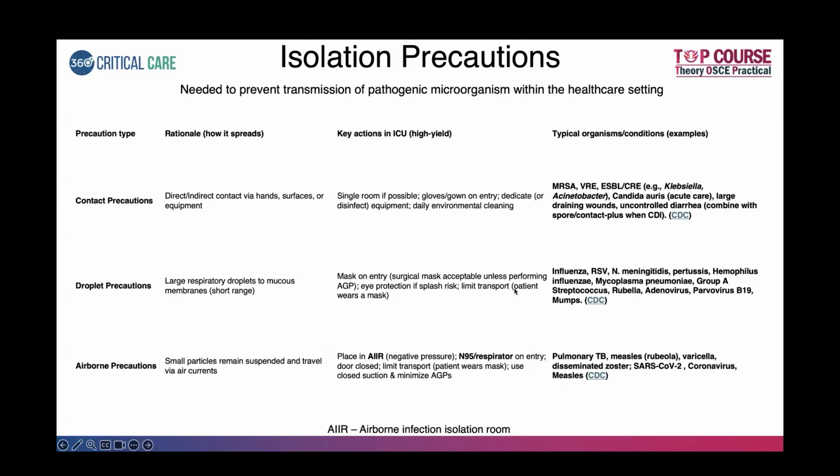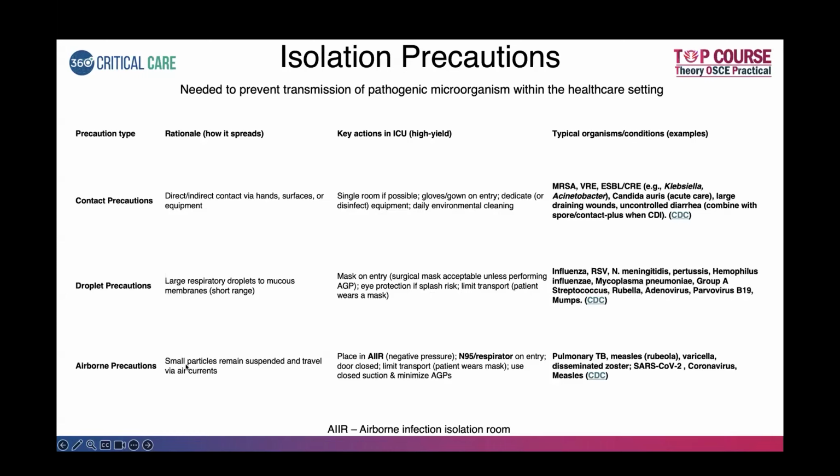So make sure if the patient needs to be transported, the patient wears a mask. So this is for influenza, respiratory syncytial virus, Neisseria meningitidis, pertussis, Haemophilus, Mycoplasma, Group A Streptococcus, Rubella, Adenovirus, Parvovirus, and mumps. So here if you can see, other than Neisseria, pertussis, Haemophilus, and Mycoplasma, most of them are all viruses.